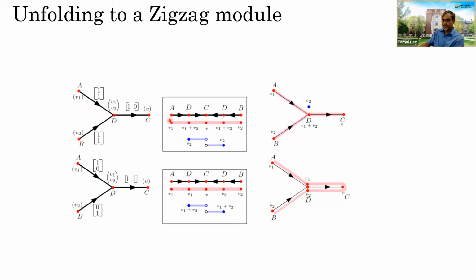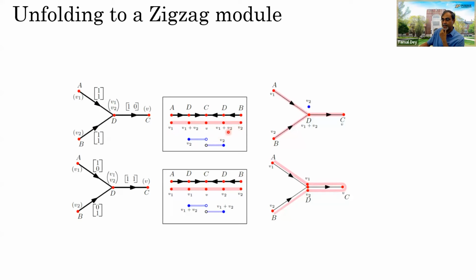And once I have this zigzag module, I basically copy all the vector spaces at the copied points. And also the maps are preserved on the arrows. And then once I have a decomposition of the zigzag module, I try to see whether, for example, this full module can be folded back.